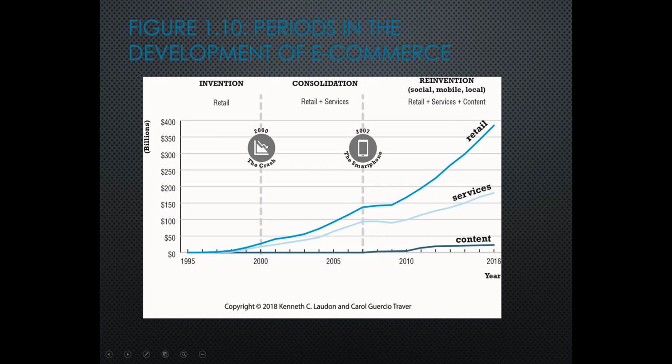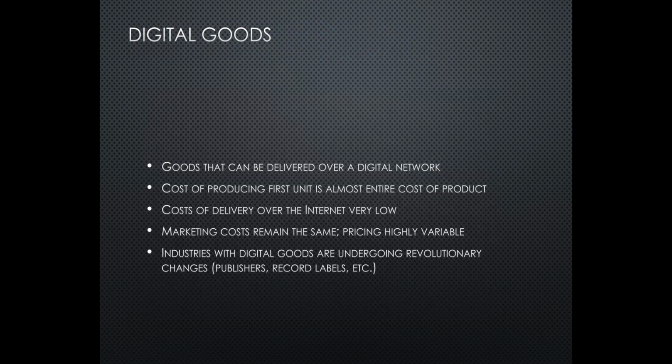Okay, so after that, we talk about digital goods. Digital goods are goods or products that can be delivered over a digital network. We will talk about this kind of products next, when we reach the part on digital goods.